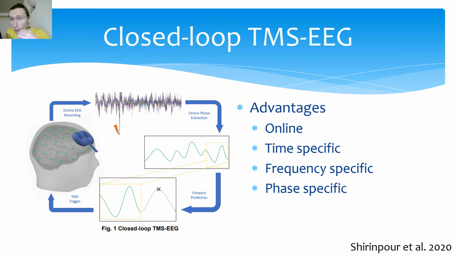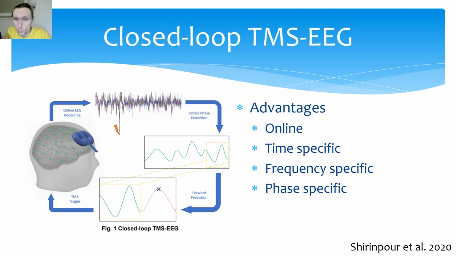So basically your participant is sitting there and you are measuring EEG, and then while you're doing that, you give a TMS pulse, but that TMS pulse will depend on how the EEG signal looks like. So you're basically measuring the EEG, and based on what you're measuring, you are applying a TMS pulse.